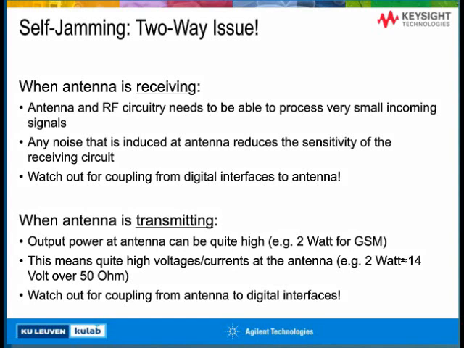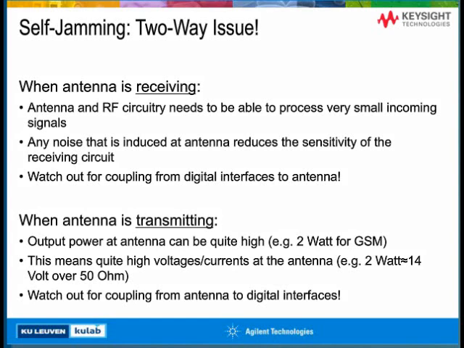So in this case, when the antenna is receiving, we have to watch out for coupling from digital interfaces and interconnects to the antenna. When the antenna is transmitting, it's probably transmitting with an output power that can be quite high. If you just look at GSM, the maximum output power that is allowed is 2 watts.